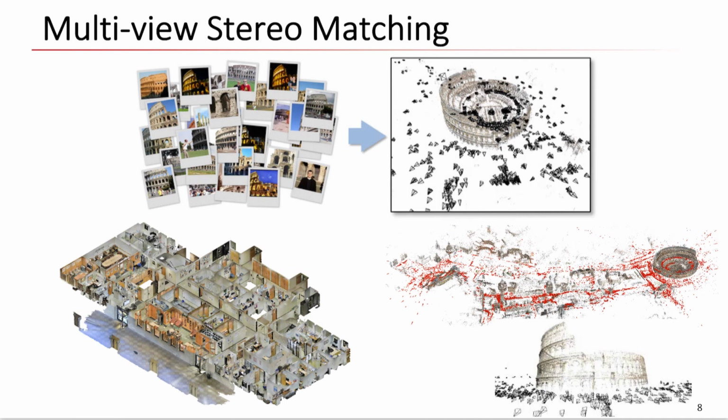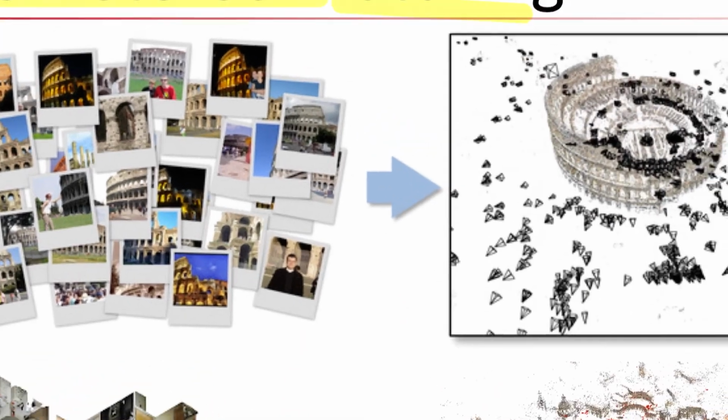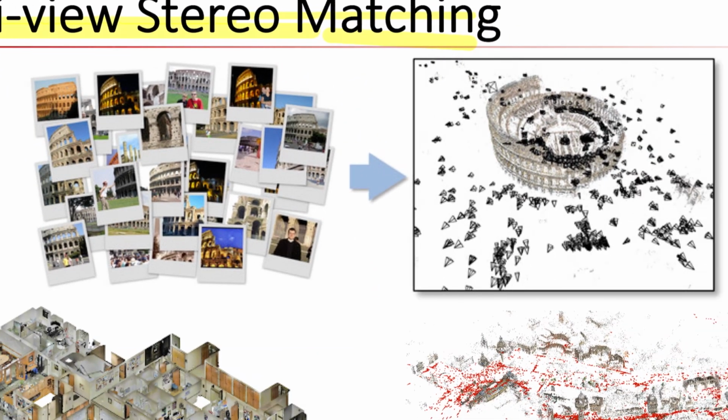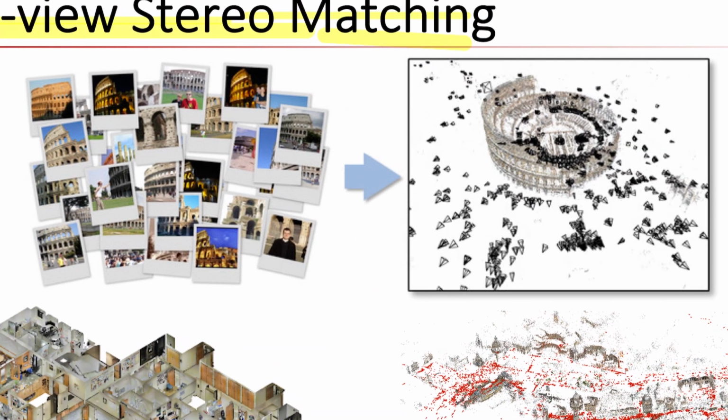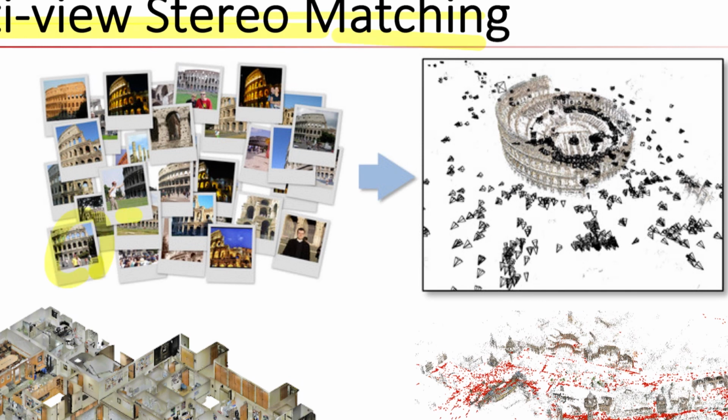And there is one more technique to estimate the depth information. That is called multi-view stereo. Then how can we do that? Compared to stereo matching that only uses two-view images, in multi-view stereo matching we use several images taken from different viewpoints by different people, right?